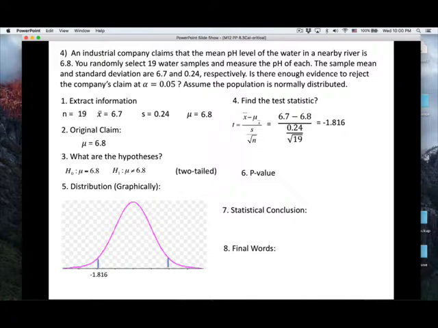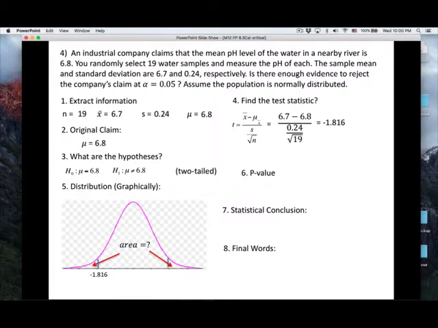We use the test statistic to find the area to the left, and then multiply by 2 because you have two tails.